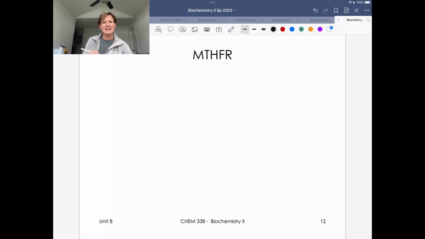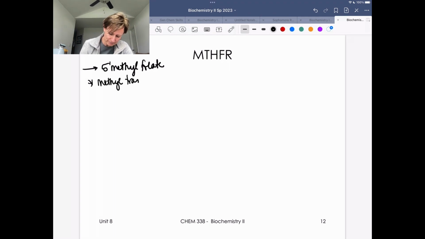So just highlighting some of those important pieces from that last slide, okay? MTHFR is responsible for producing 5-methylfolate. 5-methylfolate is the biologically active form of vitamin B9, folic acid, and it is critical as a methyl transfer agent. So we're going to need a methyl transfer agent here.